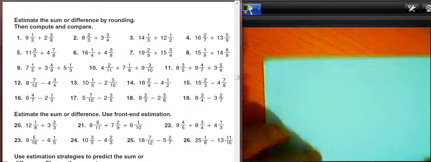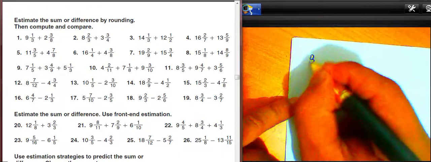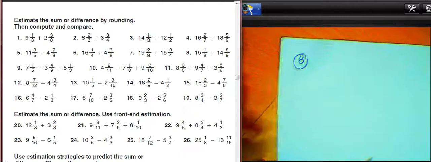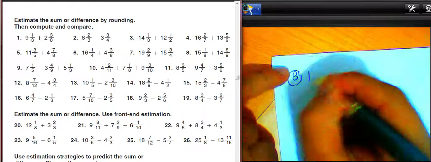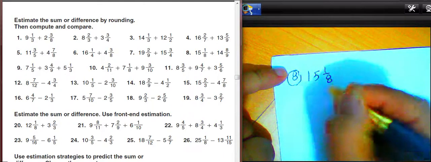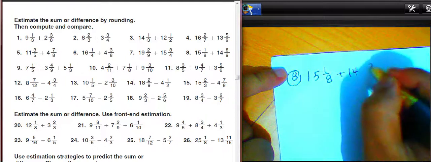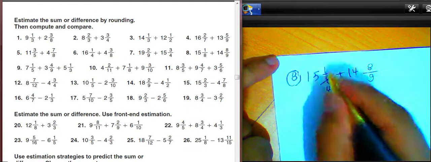Another example. Question 8. 15 and 1 over 8 plus 14 and 8 over 9. Half of 8 equals 4. 1 is less than 4.